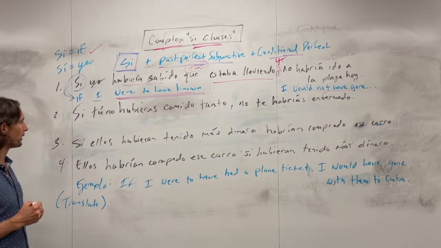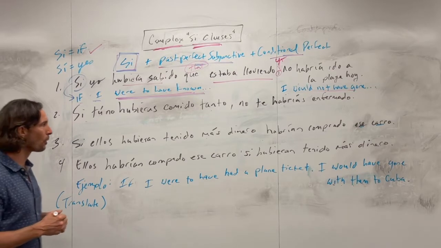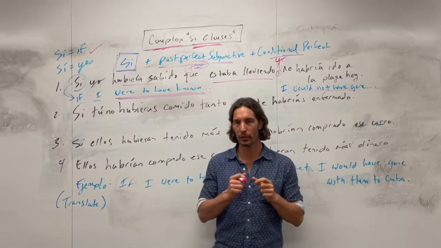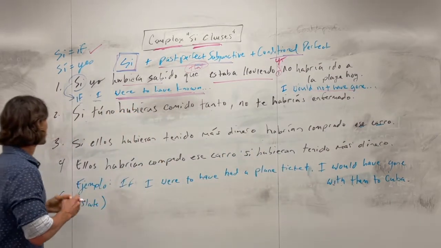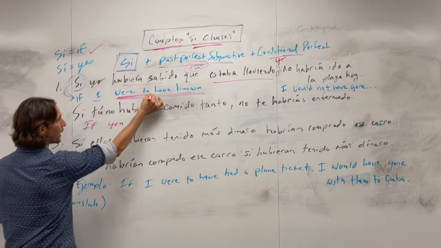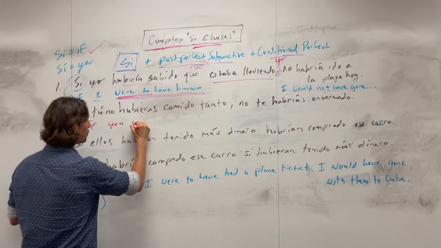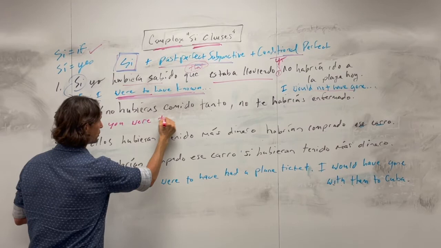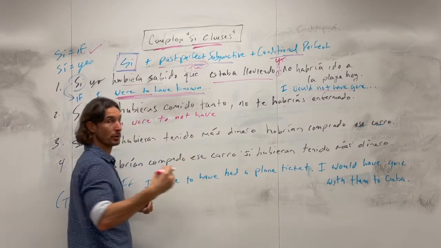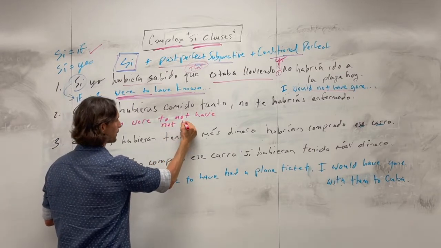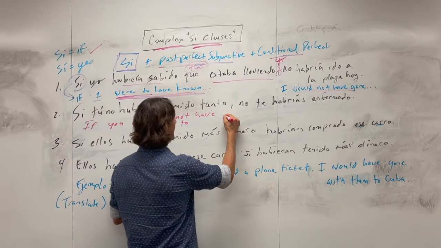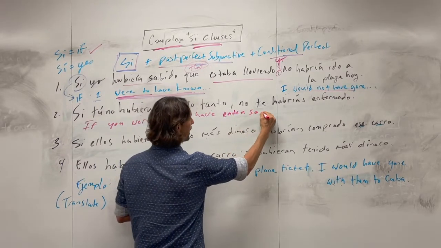Let's have a look at number 2 here. Si tú no hubieras comido tanto, no te habrías enfermado. So let's have a look at what that's saying in English. If you were to not have, or were not to have, either one, eaten so much, right?